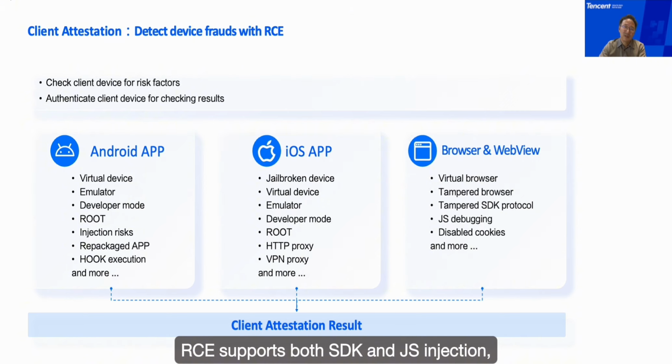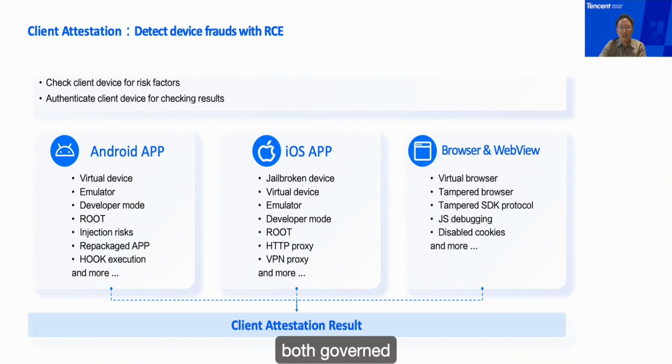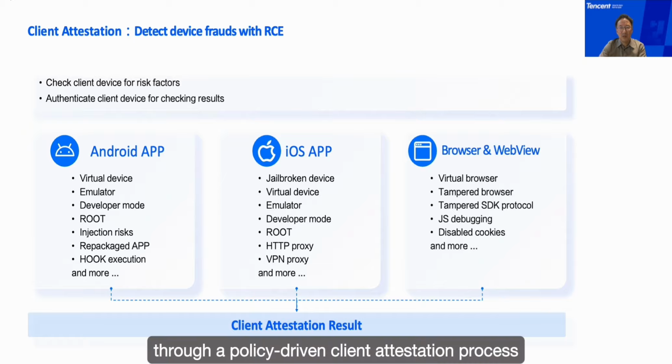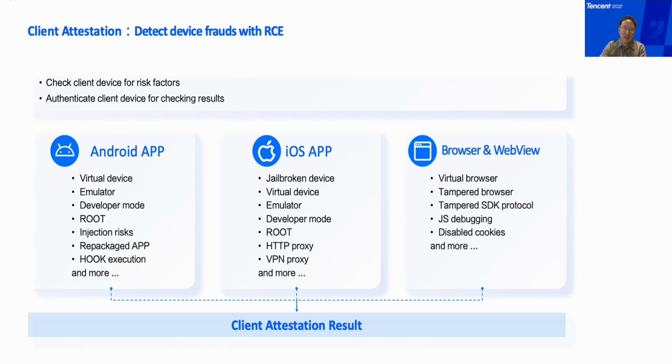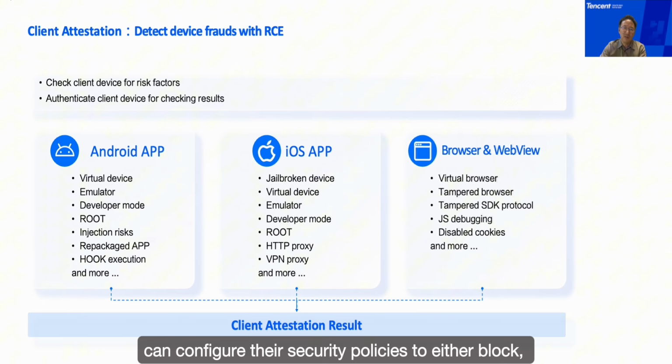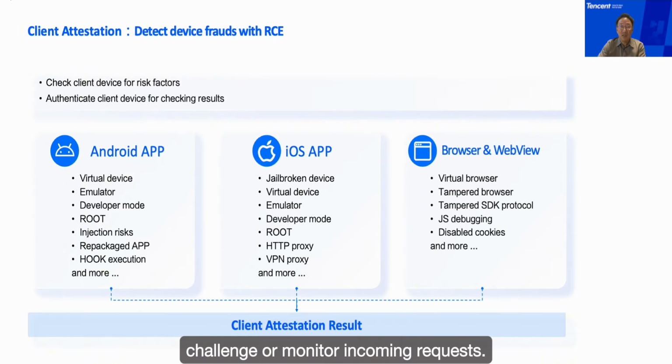RCE supports both SDK and JS injection, both governed through a policy-driven client attestation process managed in the EdgeOne console. Based on the risk scores returned from this attestation workflow, EdgeOne users can configure their security policies to either block, challenge, or monitor incoming requests.